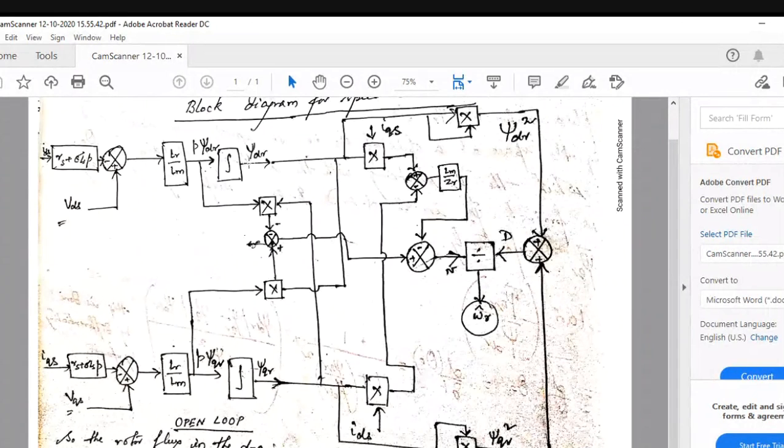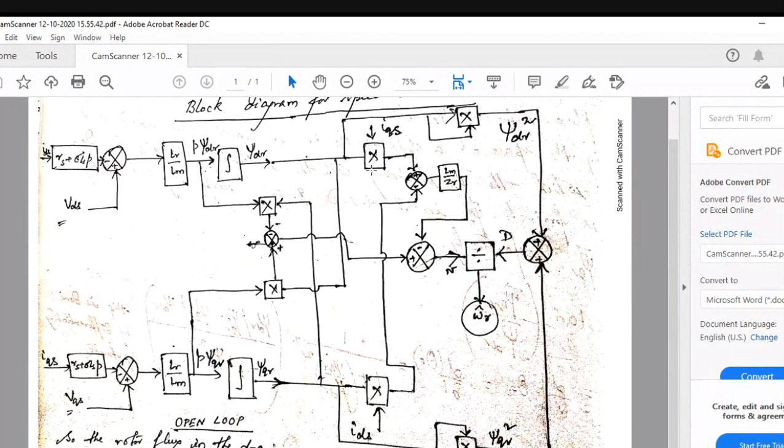See here, phi dr is this one. The second term is phi dr into IQS minus phi QR into IDS. That's it, na? Yes. That term, see here, phi dr multiply.